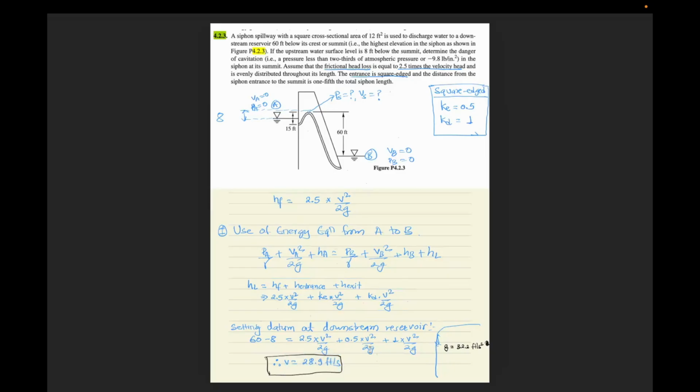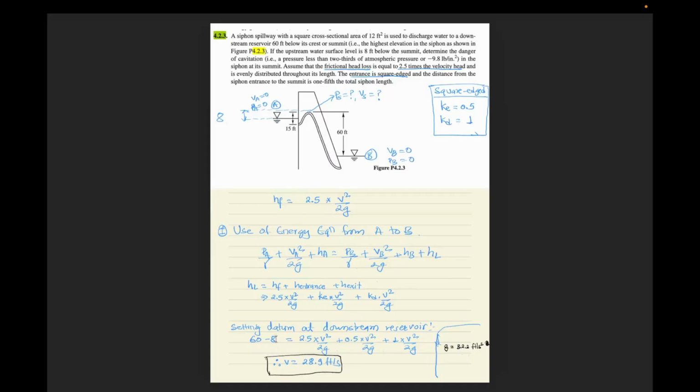And one of the major things you should not forget here is units. The unit of G will be 32.2 feet per second square, because all the units are given in feet, so I converted G meter per second square to 32.2 feet per second square.